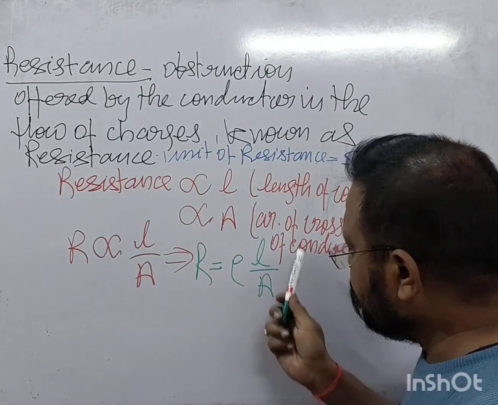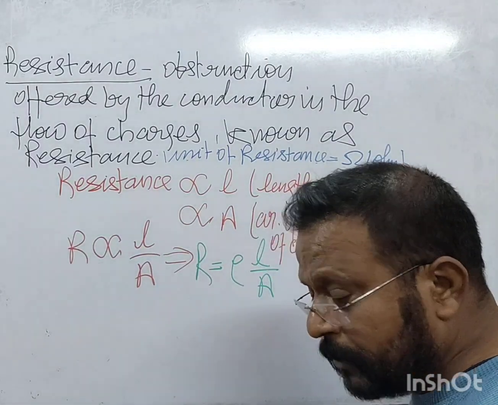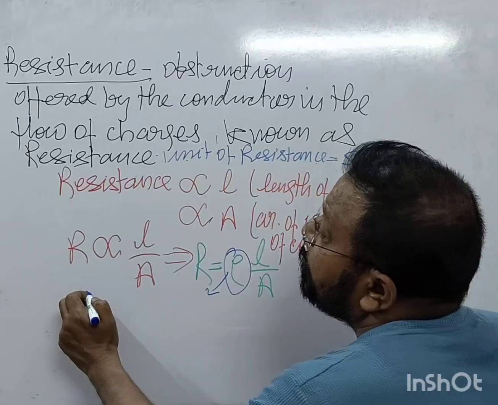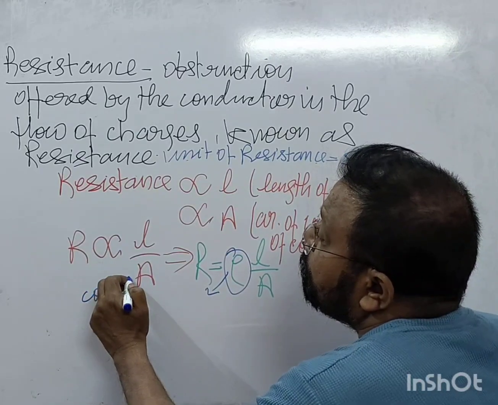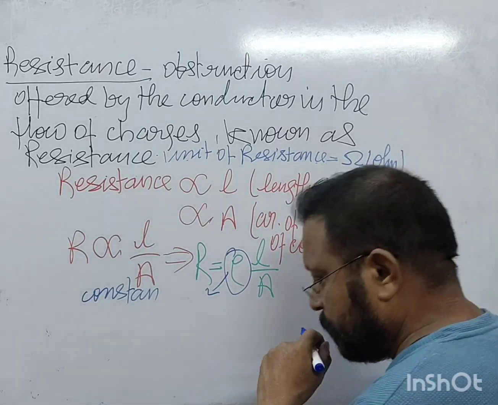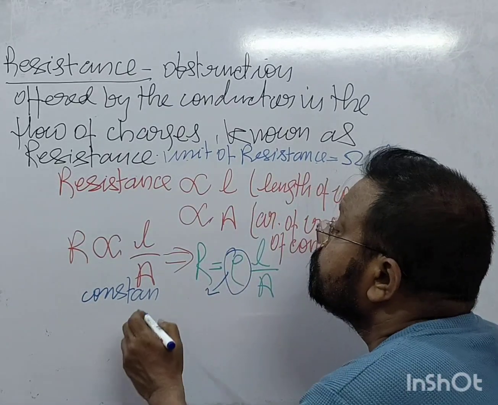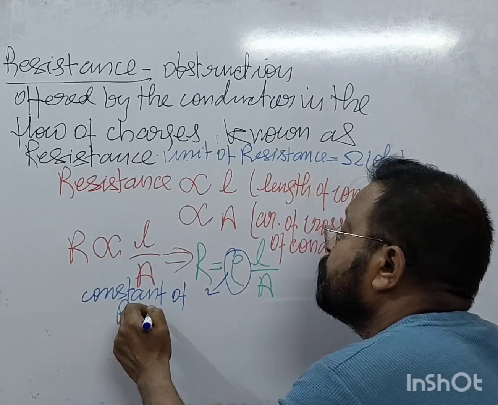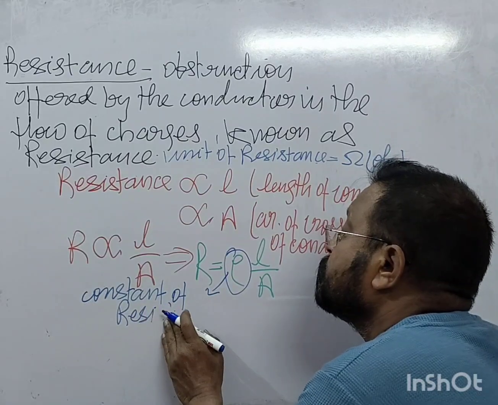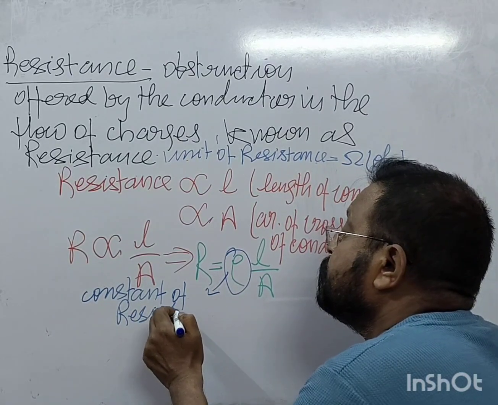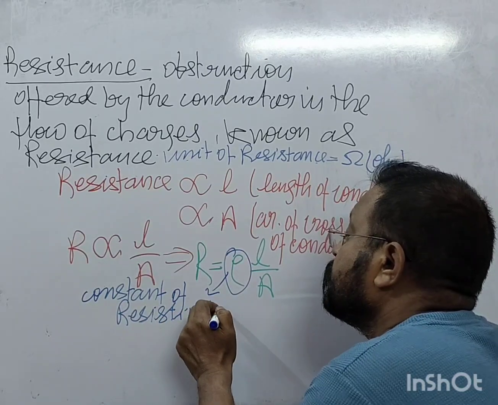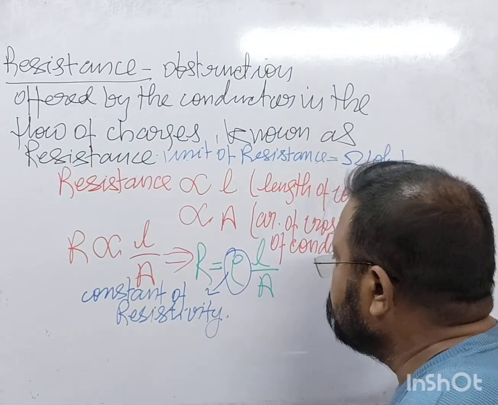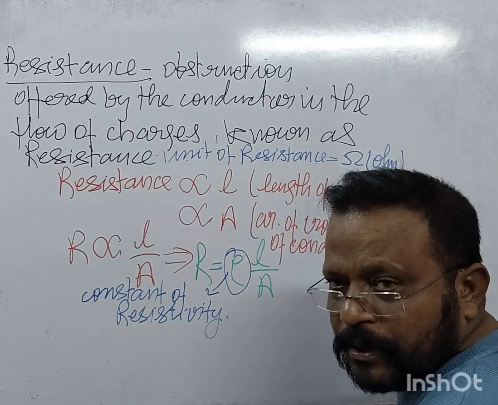And this rho is called the constant of resistivity. So R is equal to rho into L upon A.